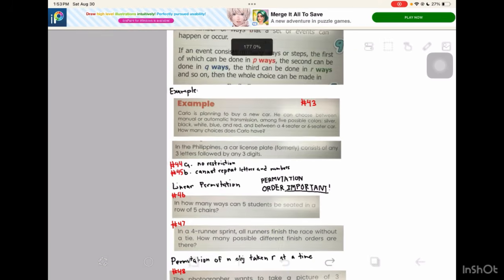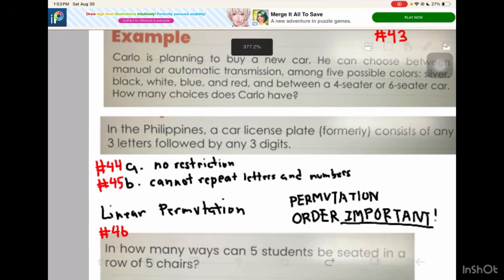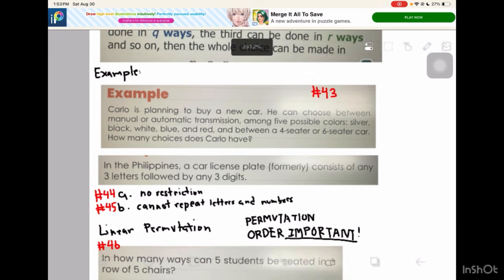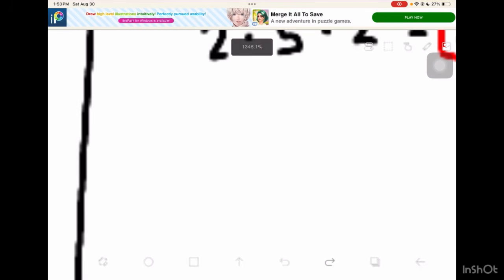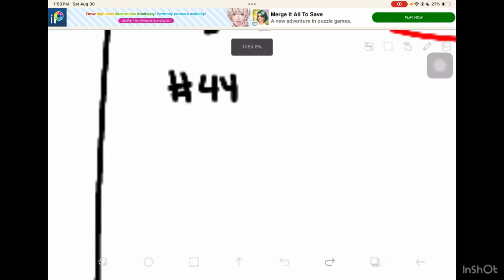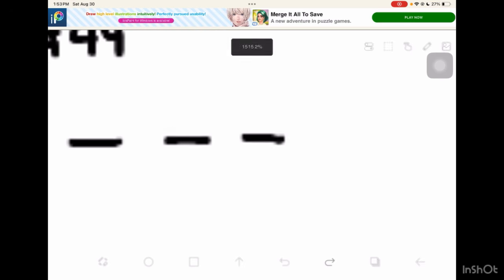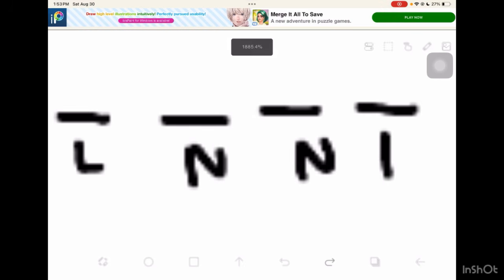Alright, for number 44. In the Philippines, a former license plate can consist of 3 letters followed by any 3 digits. So let's answer number 44 and 45 simultaneously. So we have number 44, it's like this. Letter, letter, letter, number, number, number.